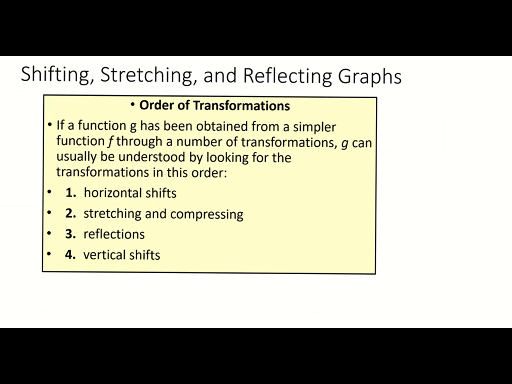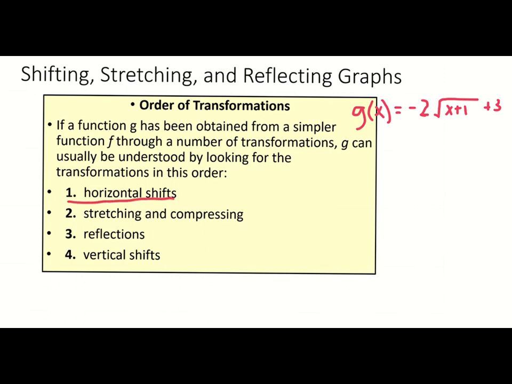So let's take a look at just one to kind of help you guys. If I give you g of x equals -2 times the square root of x plus 1, plus 3. All right, so we are going to look for first any horizontal shifts.